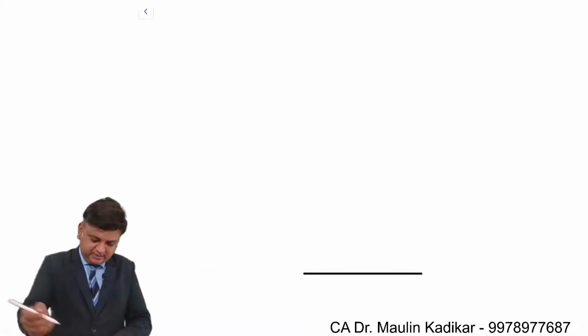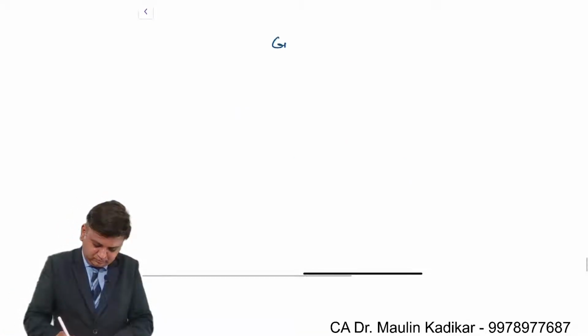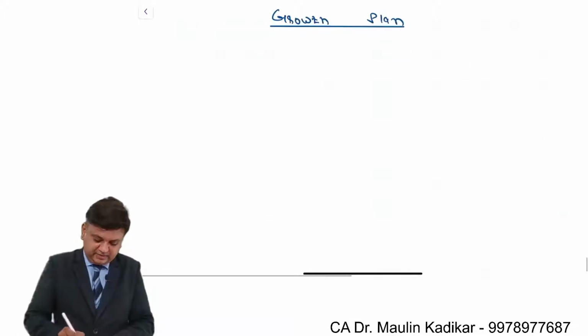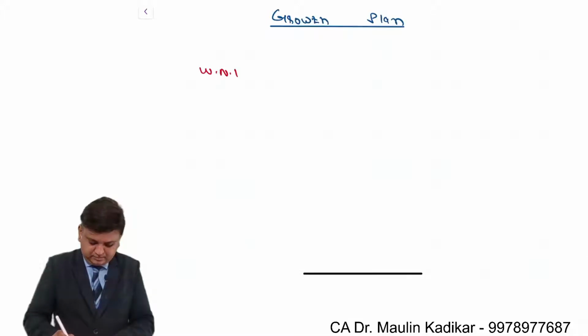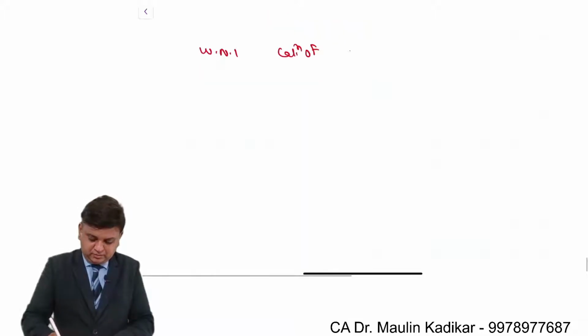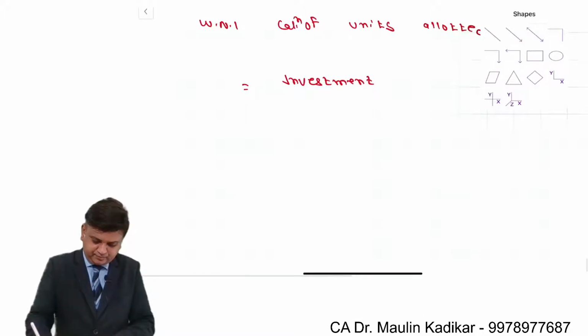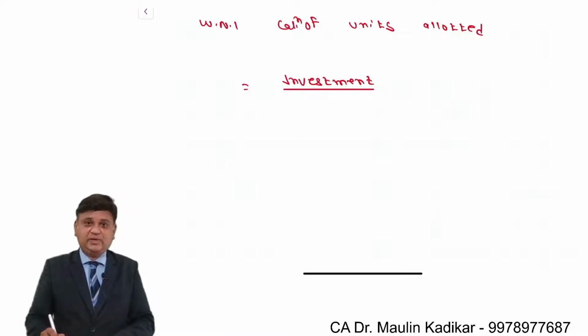So let us see how to make the calculation of the answer. Heading: write down growth plan. In that write down working note number 1. Calculation of units allotted. It is investment divided by net asset value per unit.